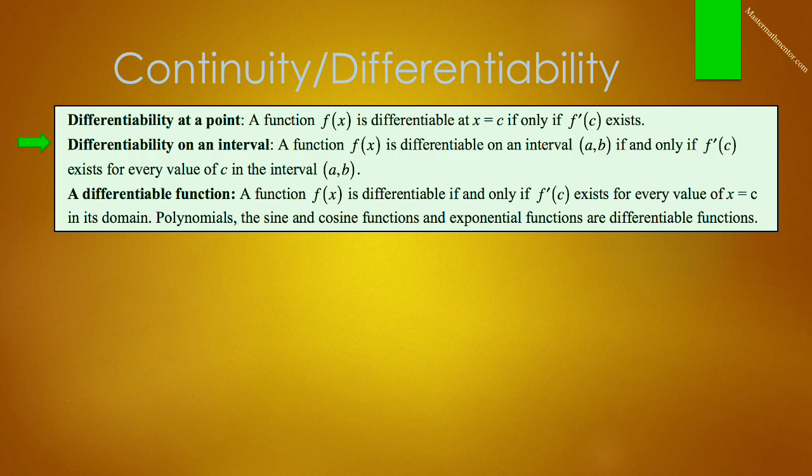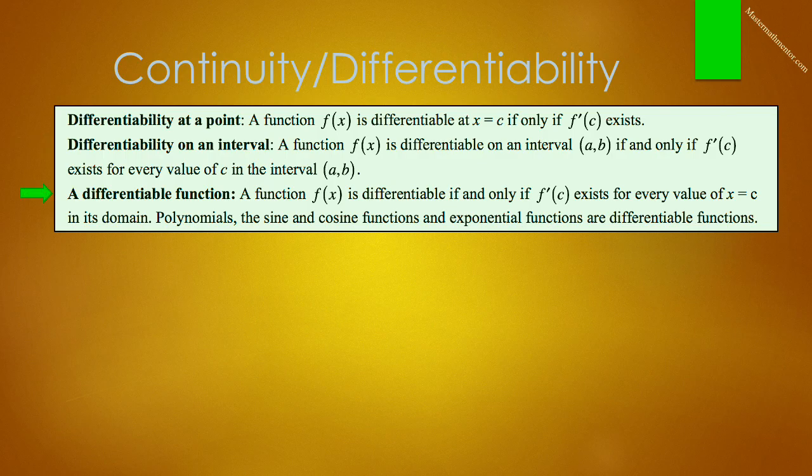Differentiability on an interval. A function f of x is differentiable on an interval (a, b) if and only if f prime of c exists for every value of c in the interval (a, b). So in order to prove that a function is differentiable on some interval, you have to be sure that for every value in that interval, the function is differentiable.